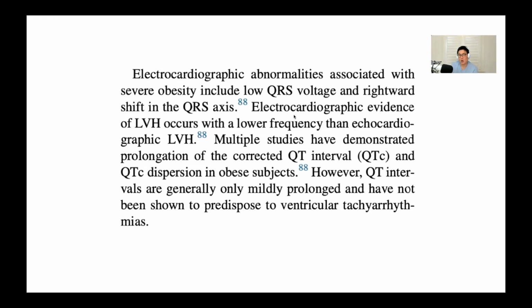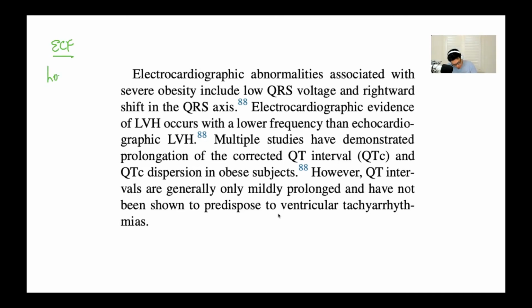Now, you can also get ECG evidence of left ventricular hypertrophy, although this occurs with a lower frequency. But I think that is worth adding in. And the final one would be multiple studies have demonstrated that prolongation of the corrected QT interval also occurs. And then what I will have for ECG will be those things.